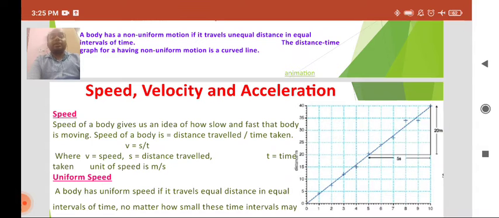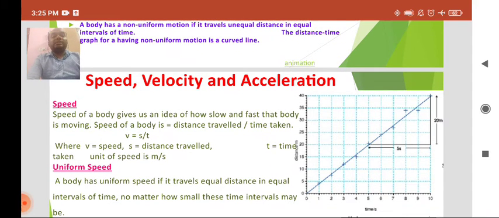Speed of a body is equal to distance traveled upon time taken. So we can write in mathematical form v is equal to s upon t, where v is speed and s is distance traveled. Unit of speed is meter per second.